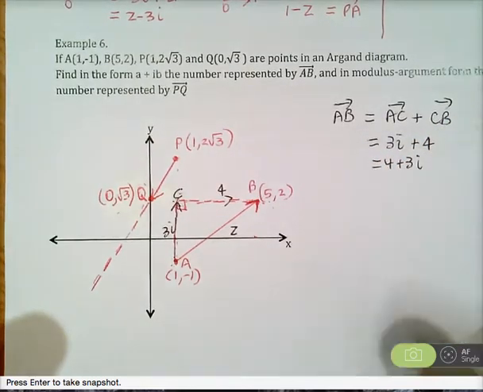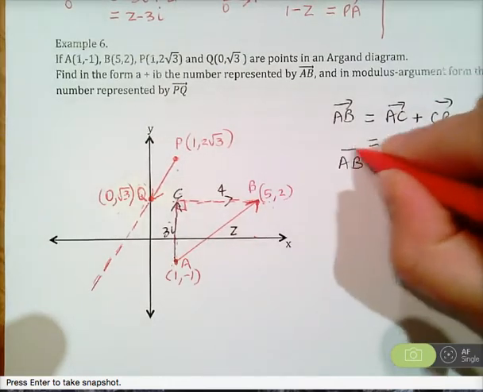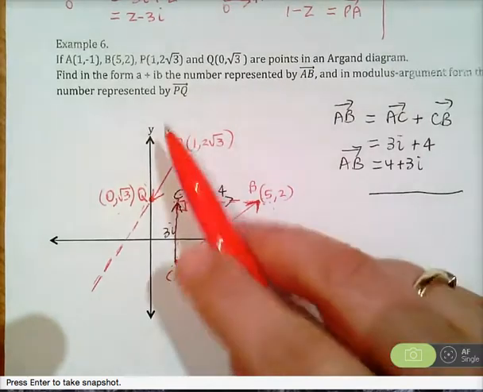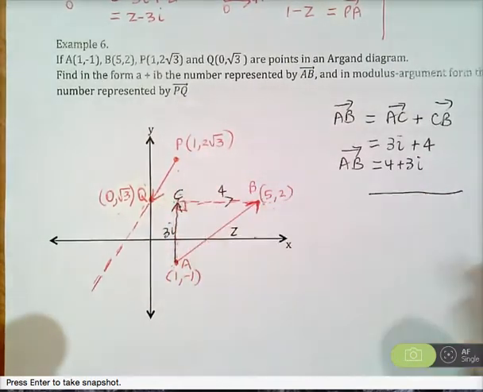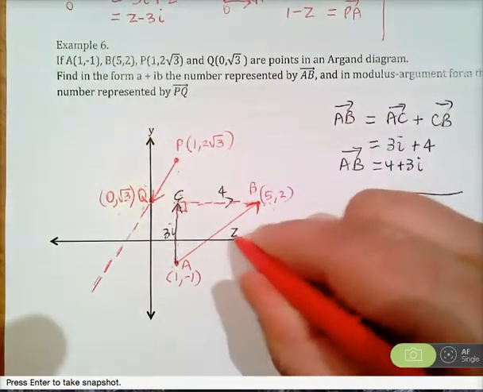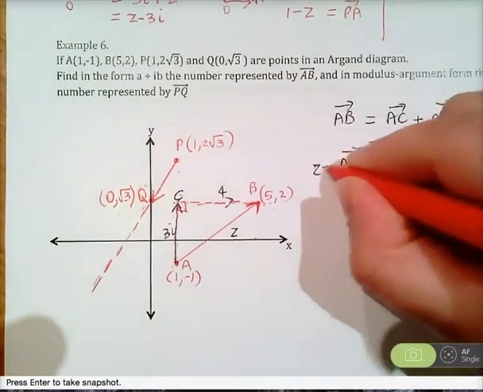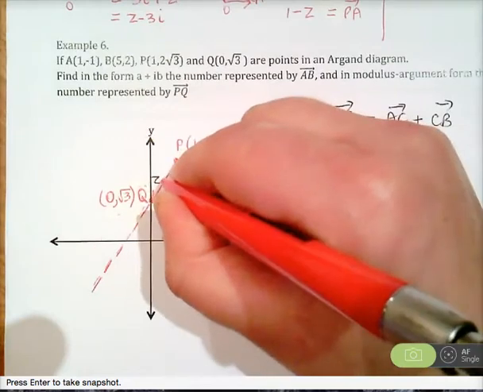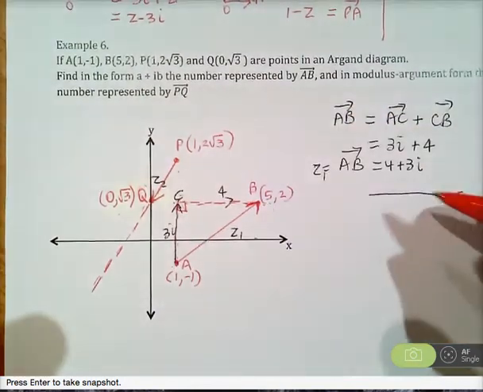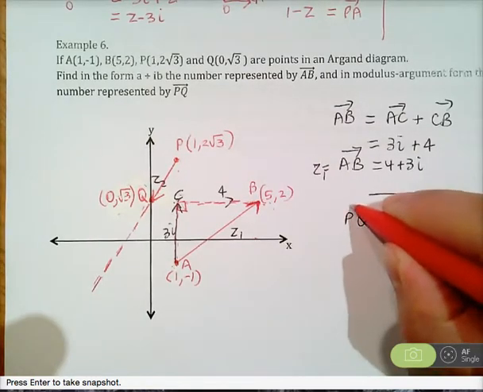Now we need to look at the vector formed by PQ, and we'll call this Z1, and we'll call this one Z2. So we're going to let PQ represent Z2.